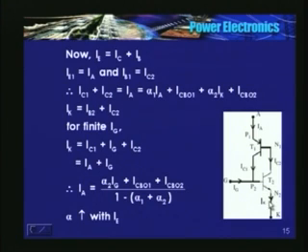You apply KCL at this point for finite IG: IB2 is equal to IC1 plus IG. So the cathode current is IC1 plus IG plus IC2. We already found that IC1 plus IC2 is equal to IA. Therefore IK is equal to IA plus IG.